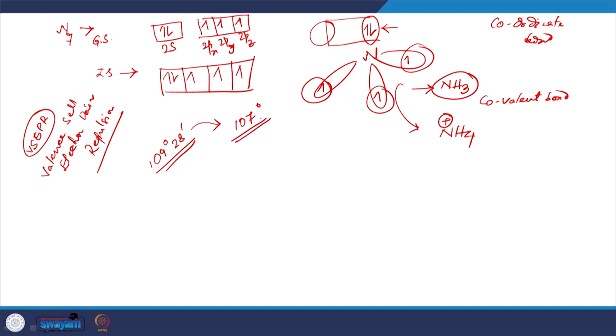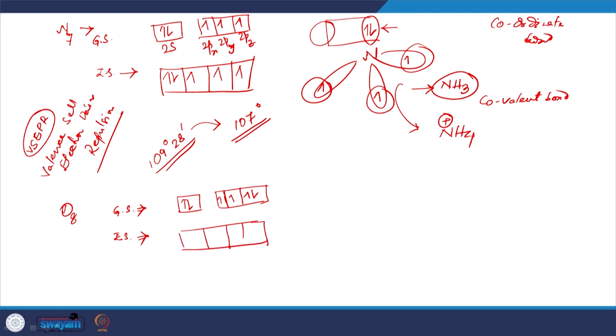What will happen to oxygen? Oxygen has 8 electrons. So, in the ground state, it would have 2s and 4 2p electrons. In the excited state, again it would form 4 sp3, but there would be 2 lone pairs.